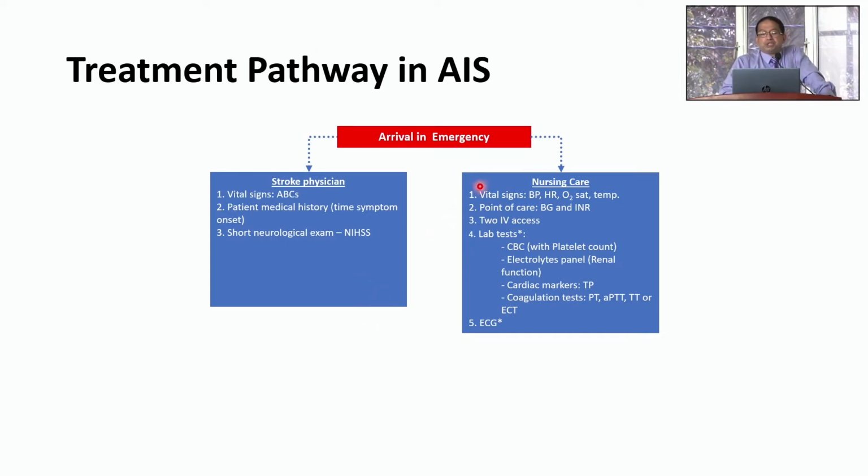In assessing the patient, I think the nursing staff does a lot: doing the vital signs, checking the blood pressure, saturations, temperature, doing a capillary blood glucose, and sending the important blood tests including the INR, blood counts, electrolytes and renal functions, cardiac markers, coagulation tests, and also an ECG.